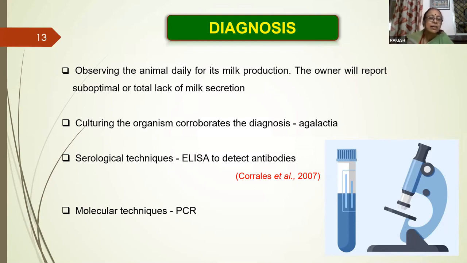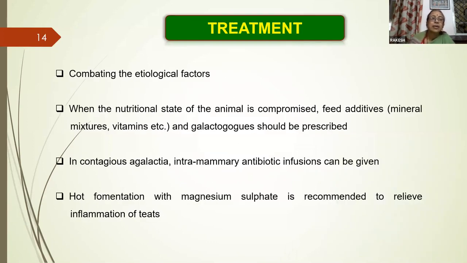Then by culturing the milk sample, we can know the exact cause, which bacteria is responsible for mastitis. Serological tests include the ELISA test to detect antibodies, and molecular techniques such as polymerase chain reaction are used for diagnosis where there are laboratory facilities.